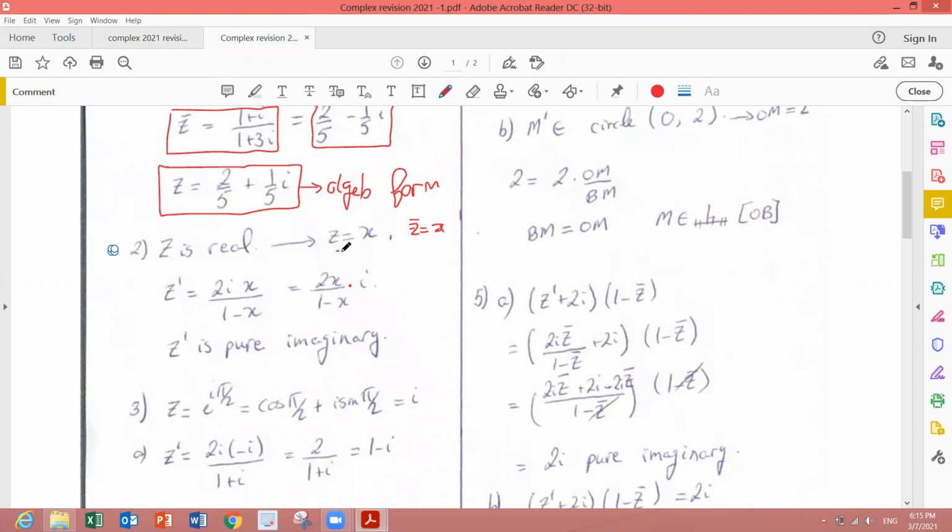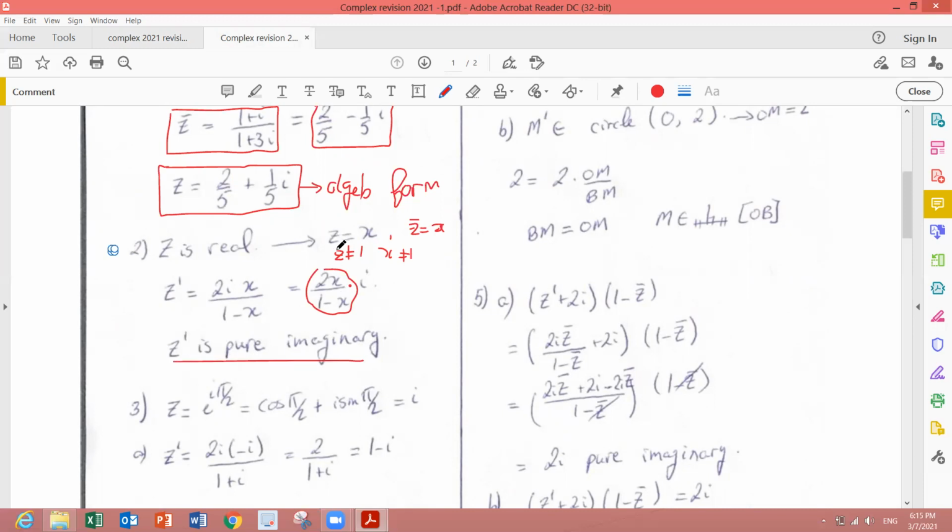Here Z is different from 1, that is, x different from 1. So 2x over 1 minus x is real, times i is a pure imaginary. So Z prime is a pure imaginary number.